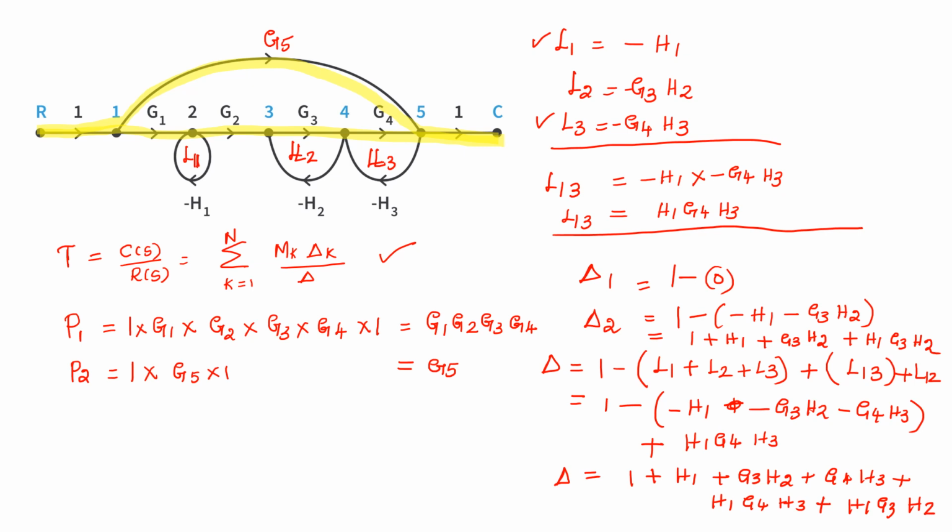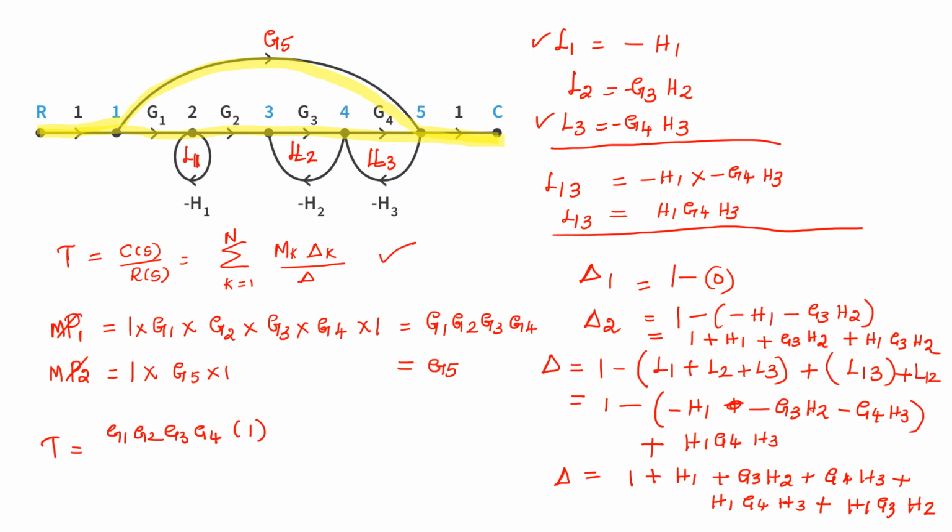Okay, now I am going to find the final transfer function. T is equal to what? First write P1 delta 1. What is P1? Here P1 or M1, M2. M1 is G1 G2 G3 G4. What is delta 1? It is 1.